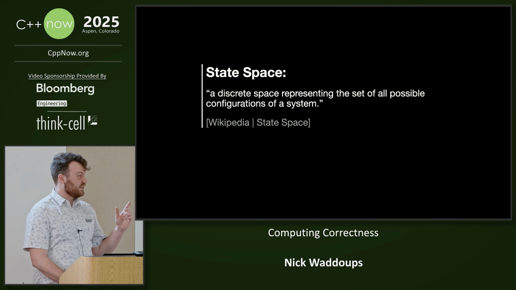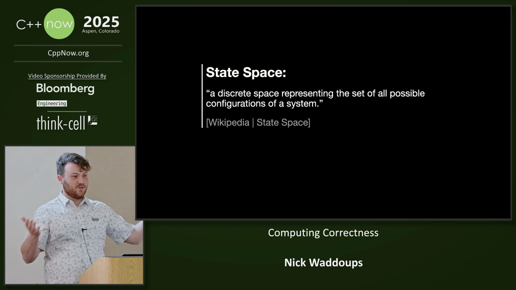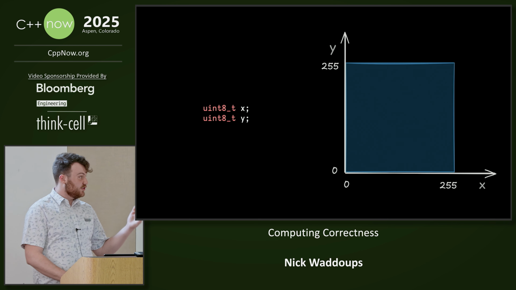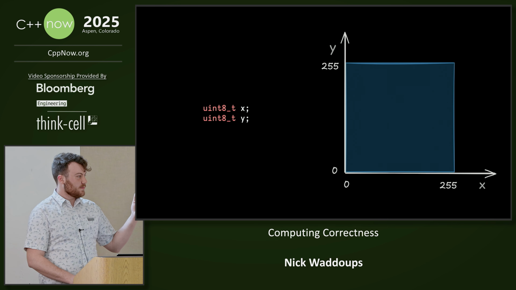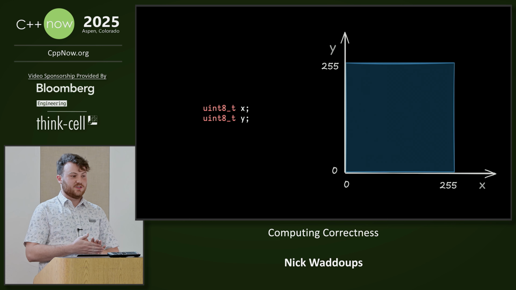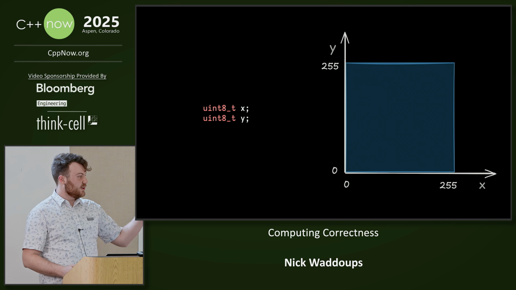Yeah, because the main problem is our state space. So that's the space of all possible assignments to the states that we have. And so, for example, if we just have two 8-bit integers, we immediately have about 65,000 different possible states that we could traverse to from any of these integers.